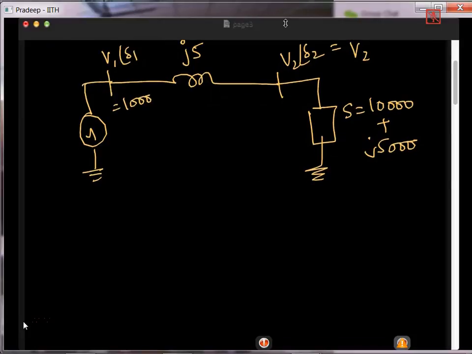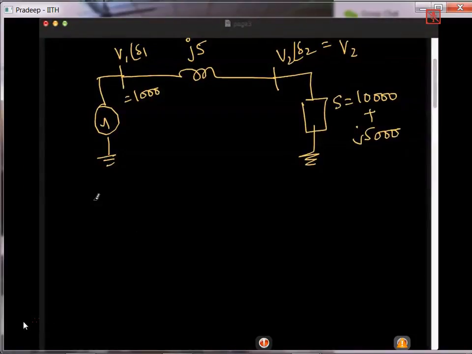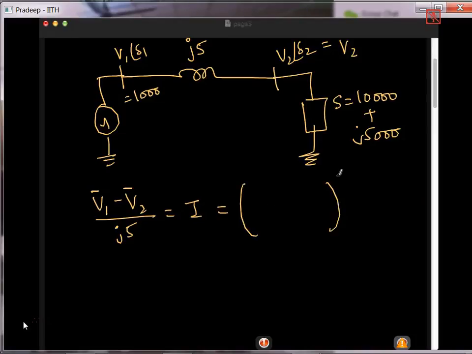So what was our equation? Our equation was V1 bar minus V2 bar divided by J5 is equal to the current, which is also equal to conjugate of S over V2 conjugate, 5000 divided by V2 conjugate, like this. So this is all equal.